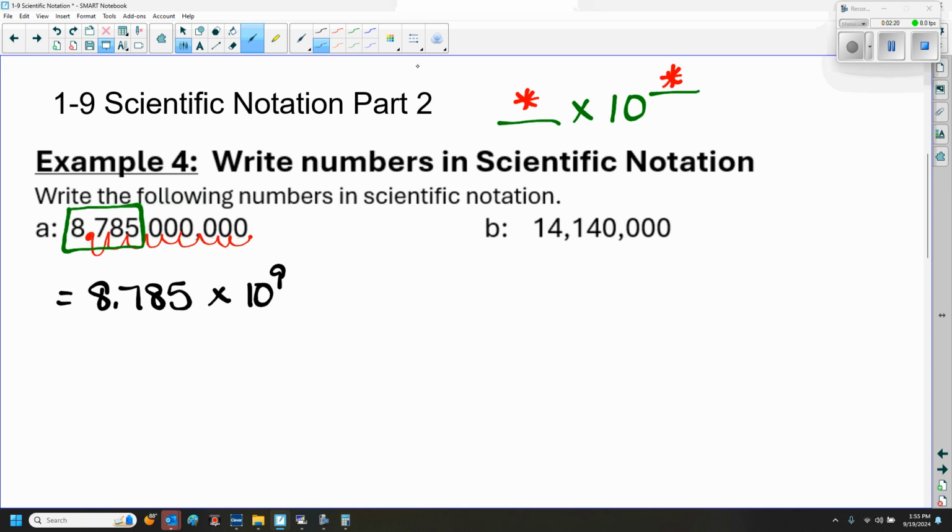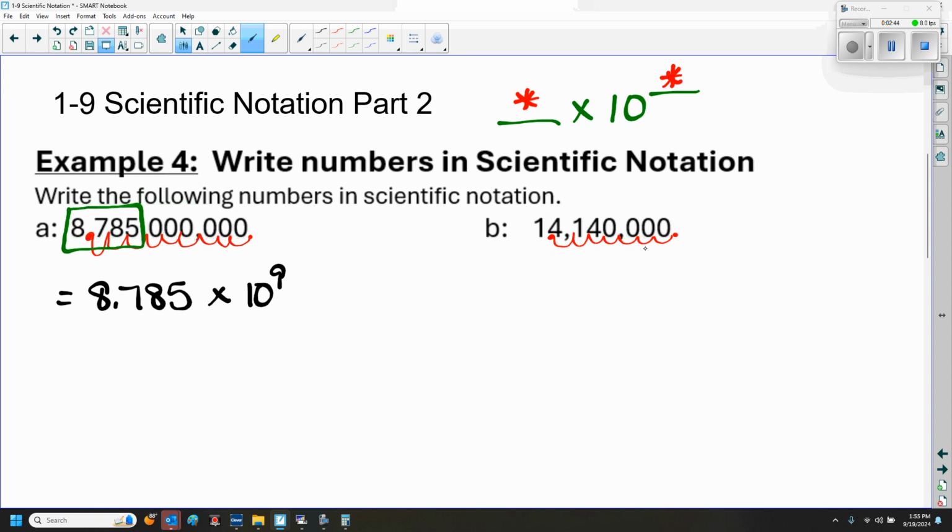Okay? So for the next one, 14,140,000, we're going to take that decimal, and again, the decimal is at the end, okay? And we want to move that decimal 1, 2, 3, 4, 5, 6, 7 times.